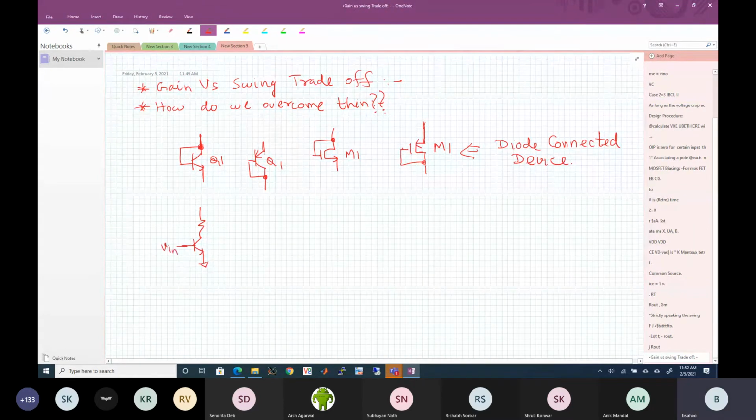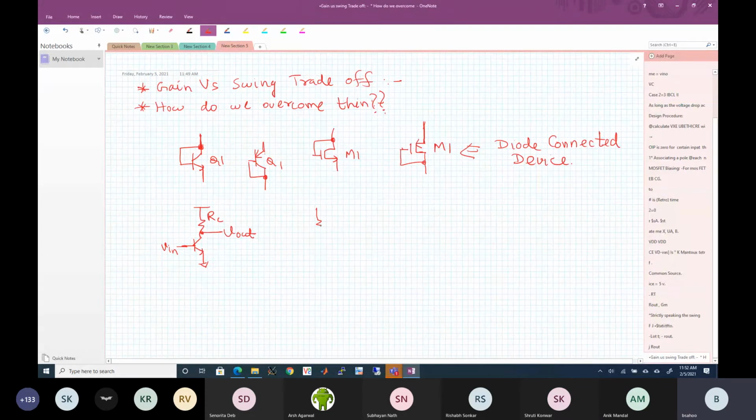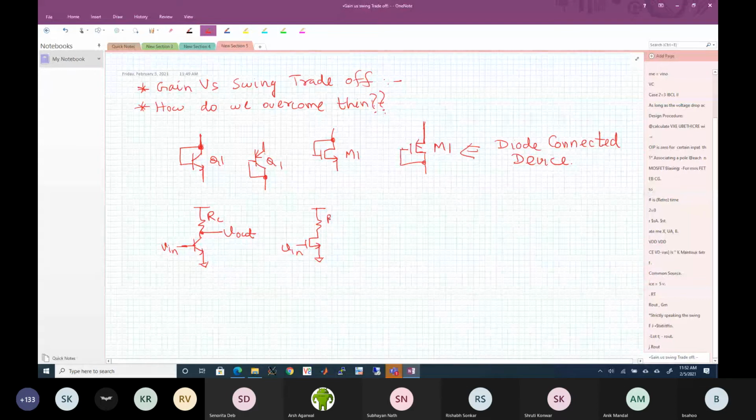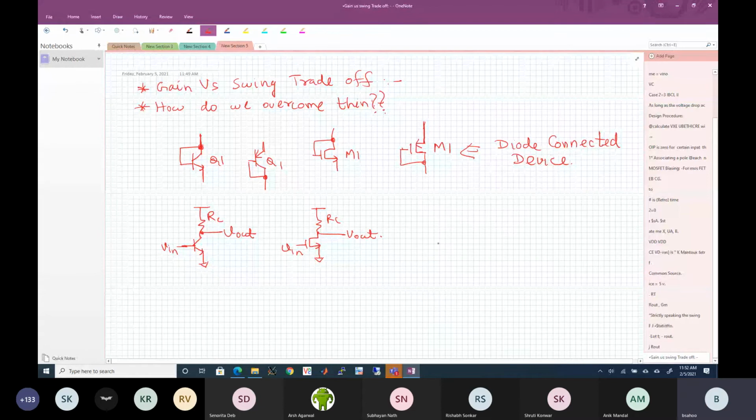I'm not drawing the DC bias circuit anymore, just the relevant part of the amplifier. And we did the common source like this, RC, Vout. Now we saw that we have a gain versus swing trade-off.